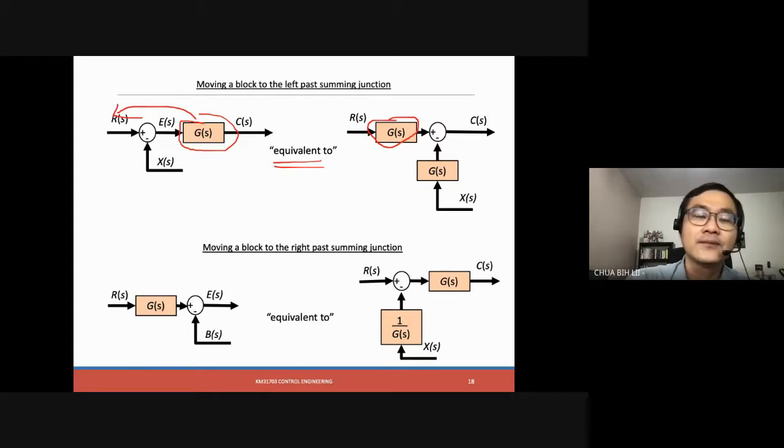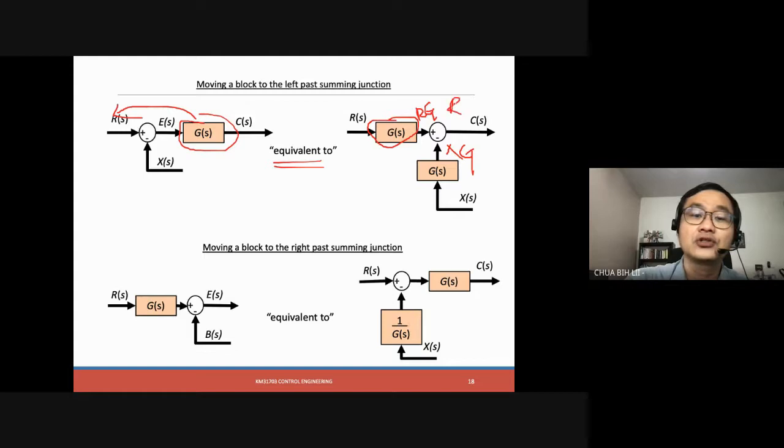So when this signal R comes here, it will become RG, right? This signal X comes here and will become XG. So RG minus XG is our output.